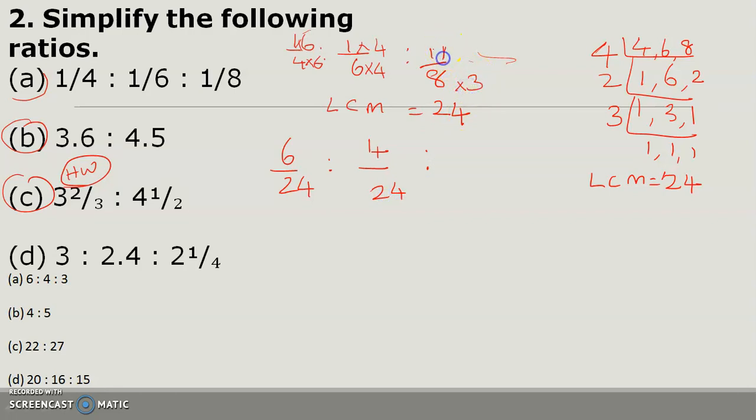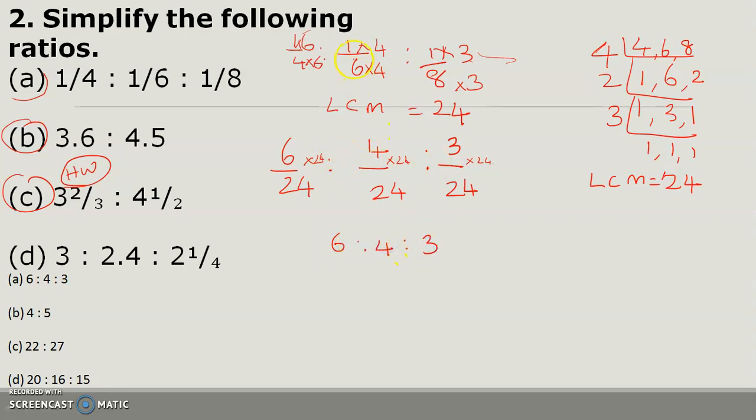So here I have to multiply by 3. 1 3s are 3. So 3 by 24. Now all the denominators are the same, isn't it? So we can compare the numerators, or I can say multiply by 24 in all the ratios. That is the logic behind it, but no need to mention it in your classwork note.